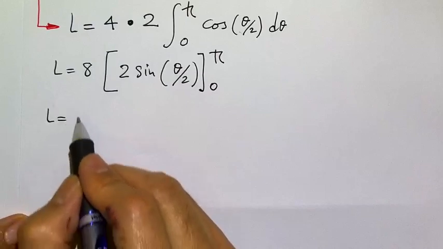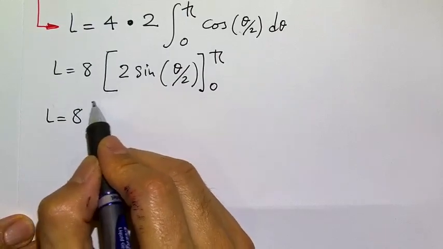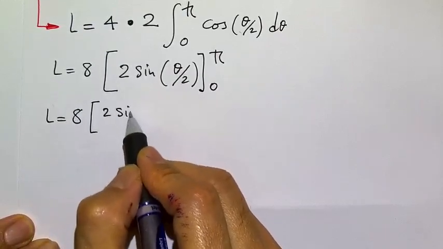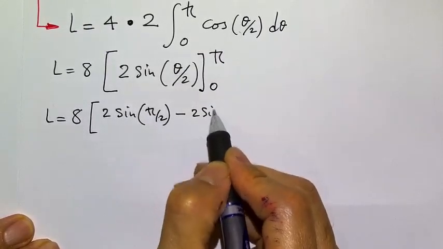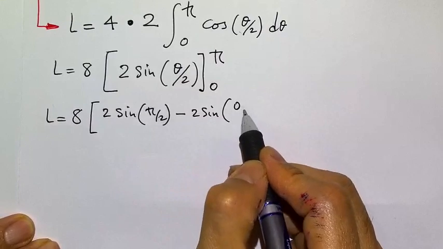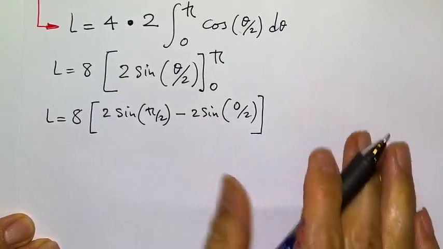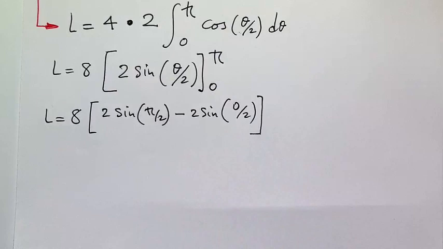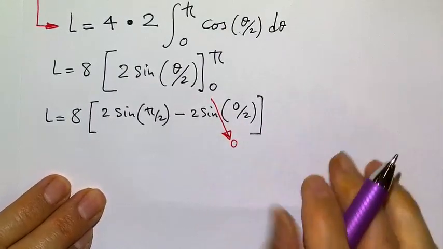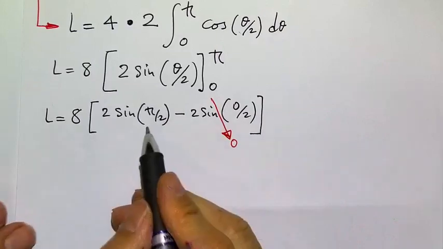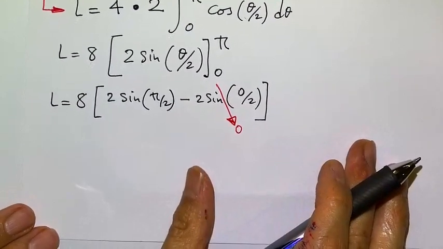All right, so now we can evaluate this quantity. We have L equals 8 times 2 sine of pi over 2 minus 2 sine of 0 over 2. So this piece is just 0. That one, sine of pi over 2 is 1.